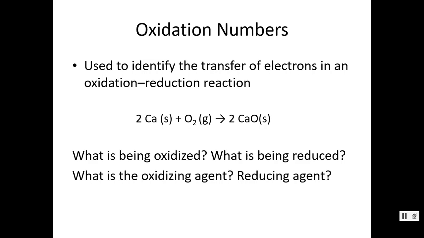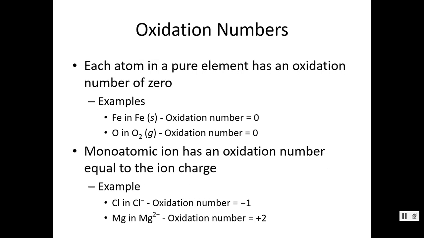So let's talk about those rules and use them in conjunction with this particular combination reaction with regards to oxidation and reduction. We're going to talk about those rules, and in the next video, we'll do some more practice problems. So the rules for oxidation numbers.